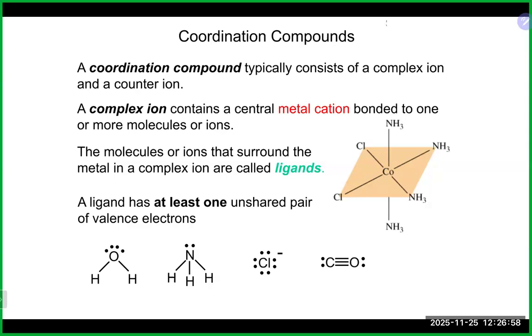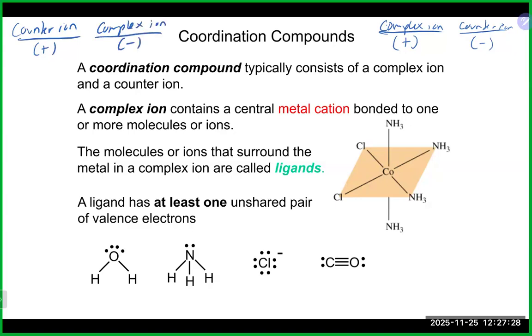So you will have a complex ion and a counter ion, and you can have a positive complex ion, which means you will have a negative counter ion, and vice versa. You could have a positive counter ion and a negative complex ion.